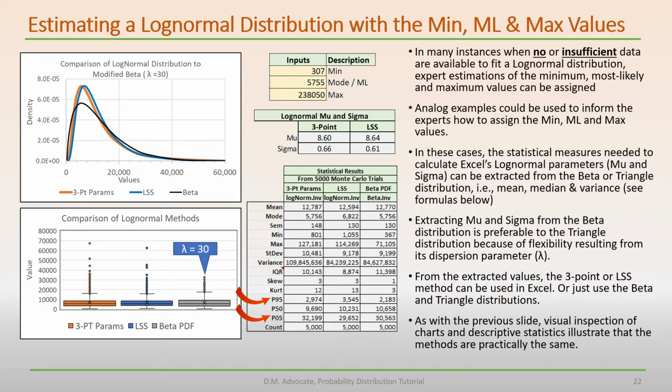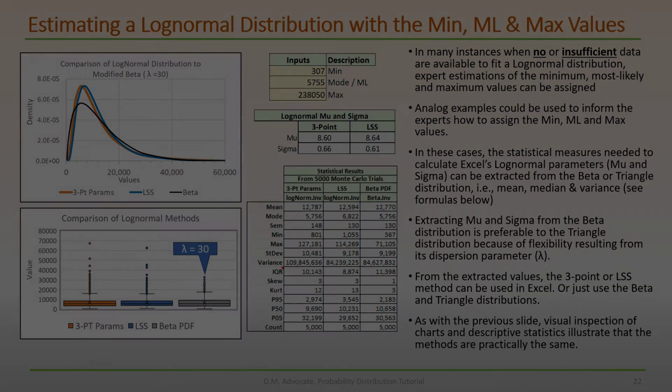However, the P05 and P95, approximated by the whiskers on the box and whisker plot, are similar, and the outliers represent less than 5% of the population. Running more samples in this example's distribution would tend to increase the max value and approach the assigned input of 238,050. So now let's move on to the Excel demonstration.